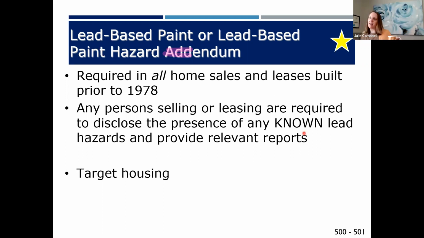But in addition to that, any housing for elderly people would not be required to follow the lead-based paint laws. Remember, we just said lead affects developing bodies, developing organs. So if it was built primarily for elderly, then lead wouldn't be a concern.